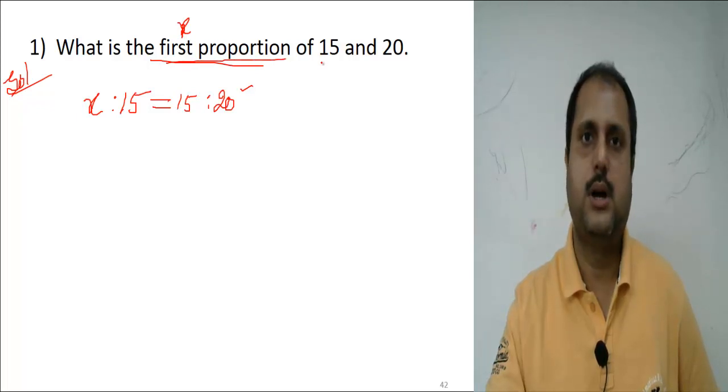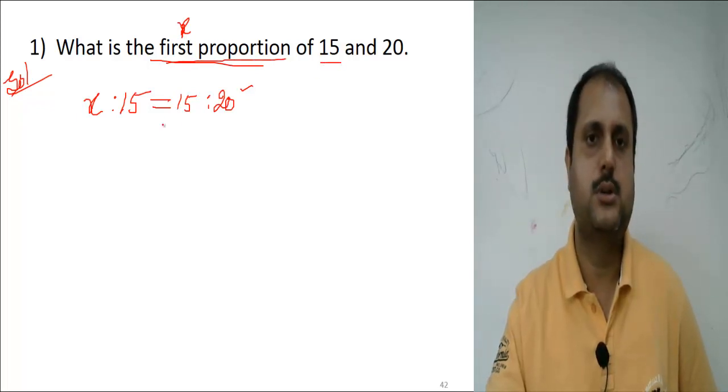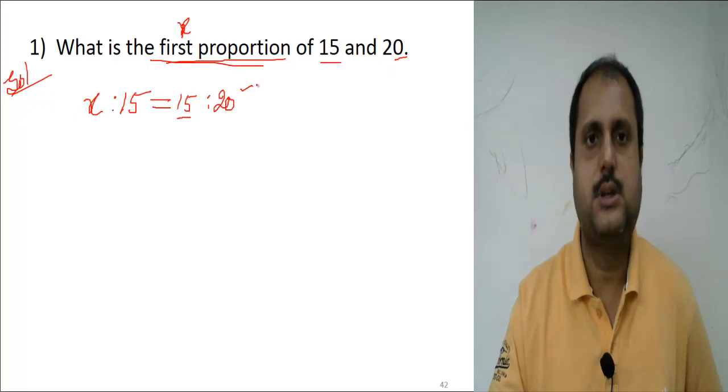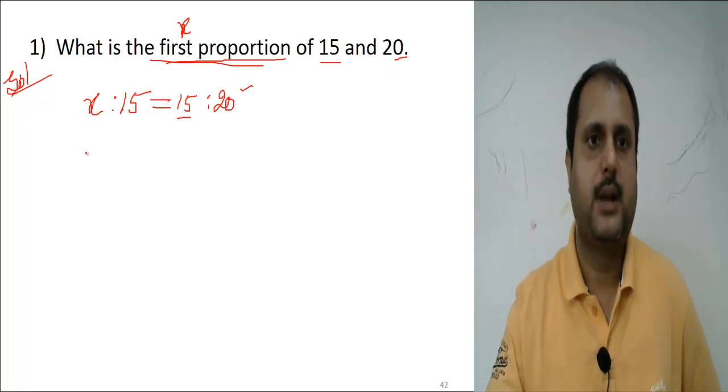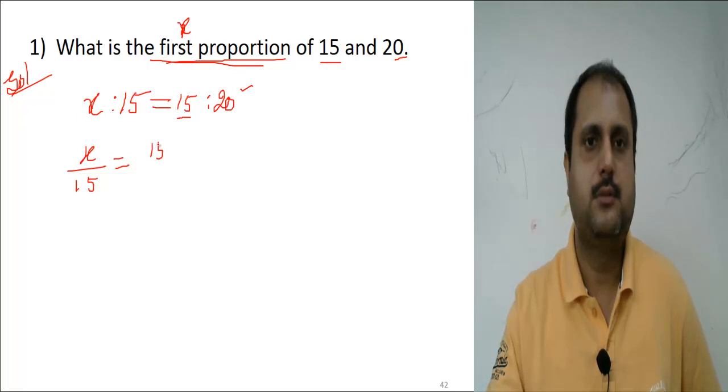So 15 is the second proportion, 15 is the third proportion, and 20 is the fourth proportion. You have to arrange the equation in this manner, and after that x by 15 equal to 15 by 20.